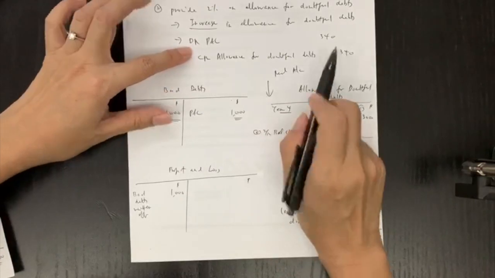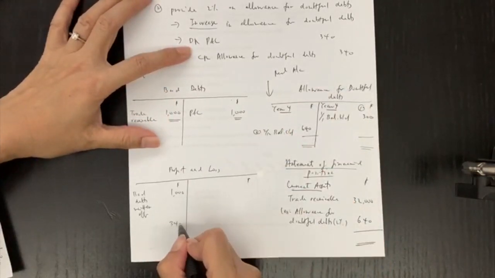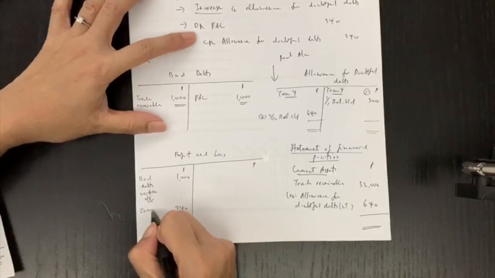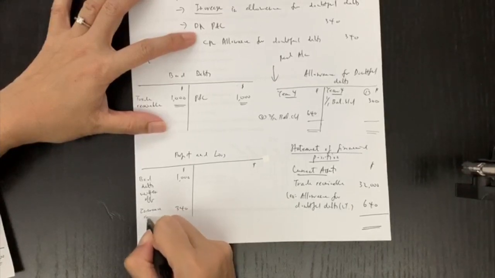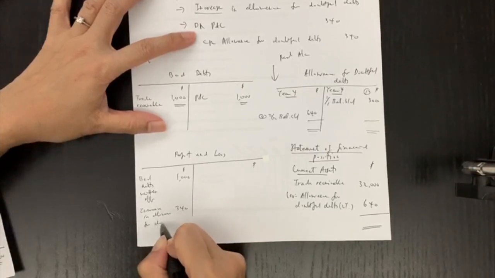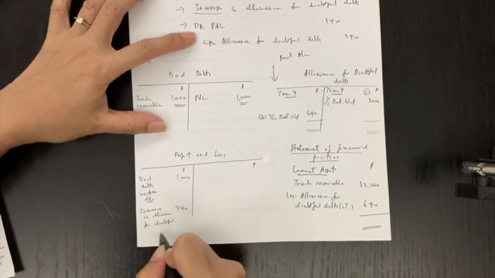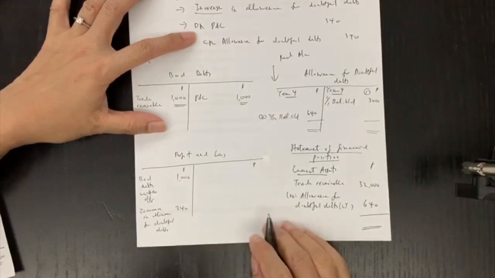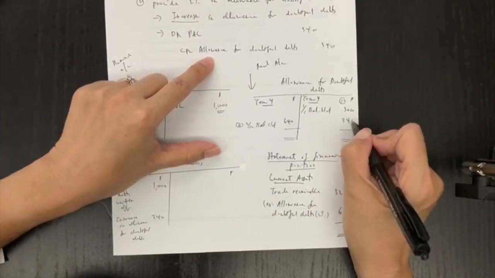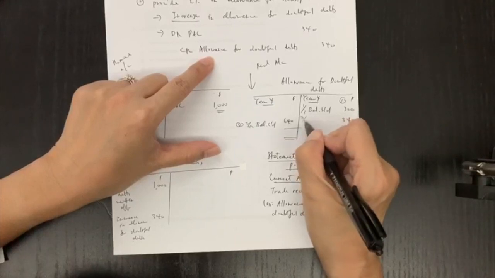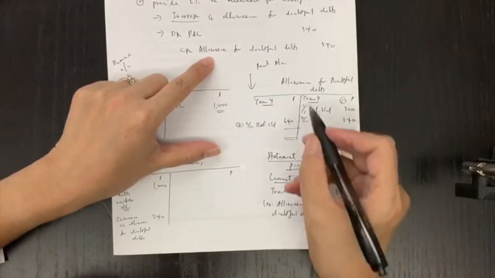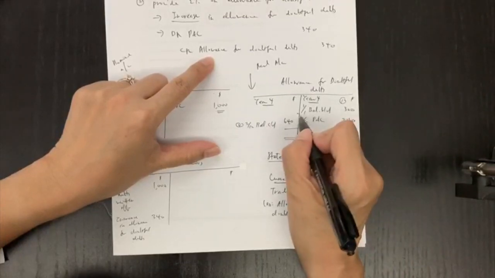Debit profit and loss. So I have 340 here, and the description is increase in allowance for doubtful debts, right? And credit allowance, so here is credit allowance by 340. The date is 31st December, and the reason is profit and loss, and this is step 3.